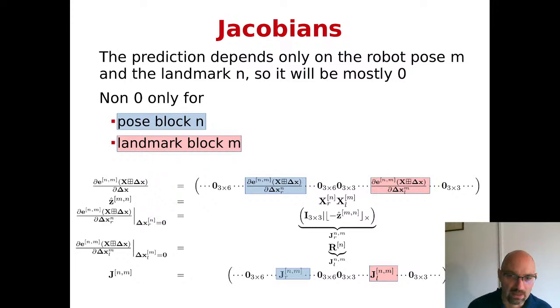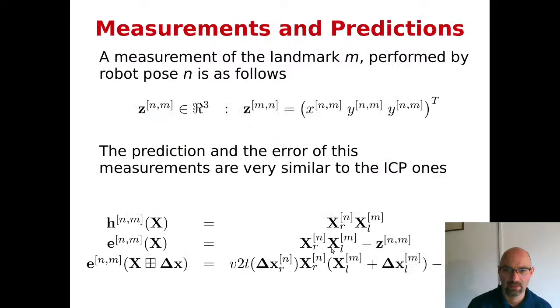Now, this block here, that is 3 by 3, will be equal to the rotation matrix that we call Rn. Why Rn? Go back and delete this part from the equation, because it's evaluated in 0, and expand the product, so you will have XR times XL plus XR times delta XL, right?